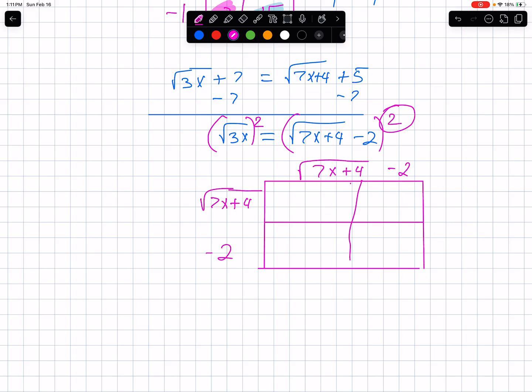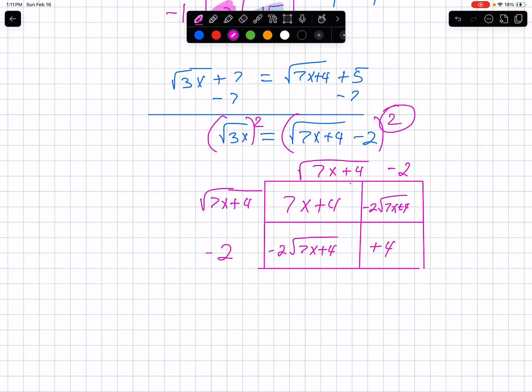So if I do this, the square roots go away when we multiply 2 square roots, so I just get 7x plus 4. And then I have negative 2 times the square root of 7x plus 4, and again negative 2 times the square root of 7x plus 4, and then plus 4.